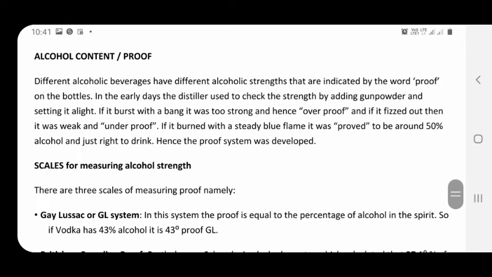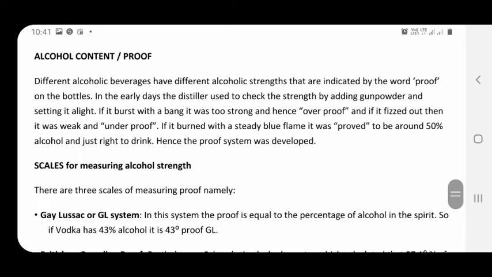Nowadays they have measuring scales for alcoholic strength, used in each and every country. There are three scales of measuring proof. First, the Gay-Lussac or GL system; GL is the short form of Gay-Lussac.